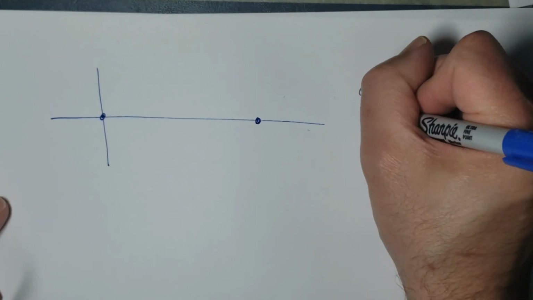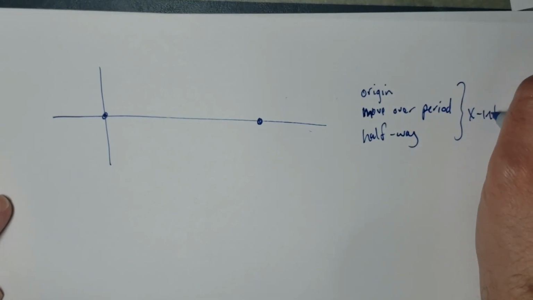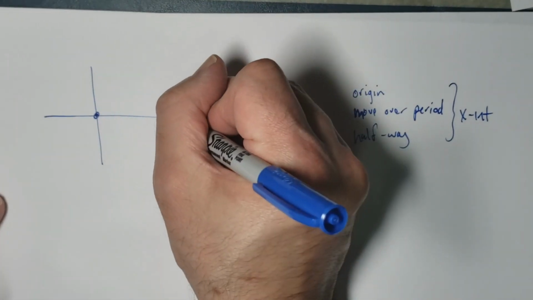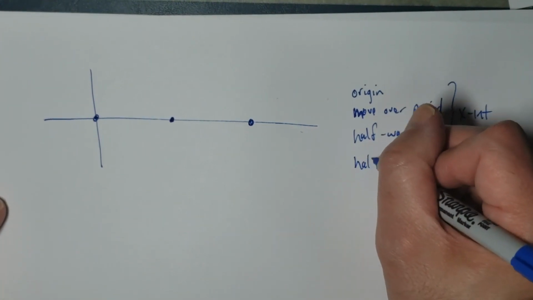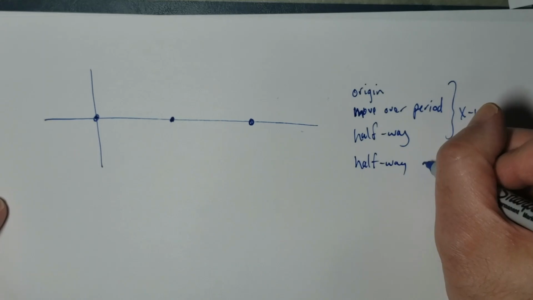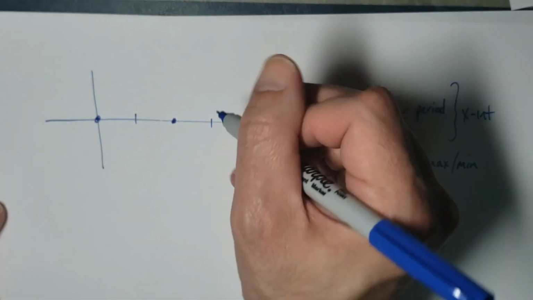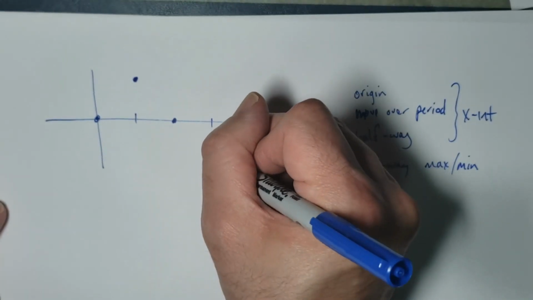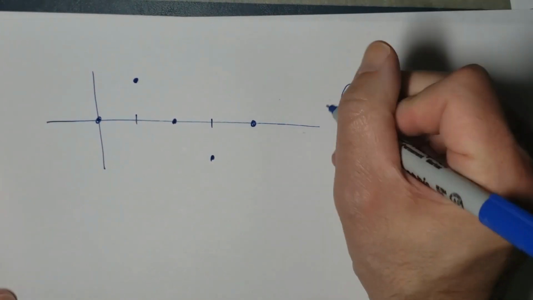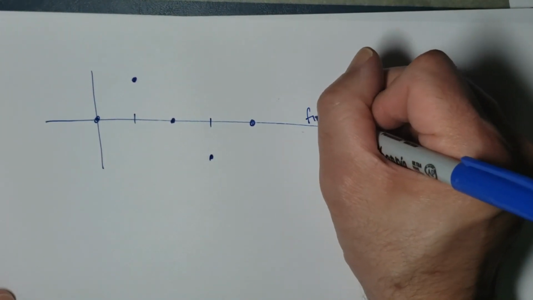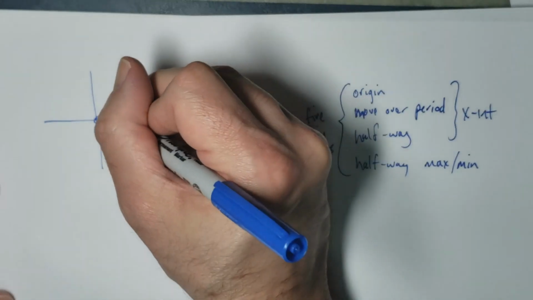Halfway, and these are your 3 x-intercepts. Okay, so halfway. And then you're going to find halfway points again. And those are going to be your maxes and mins. If it's a vertical flip, obviously you're going to switch those. And these are going to be your 5 key points. And then you draw your curve.